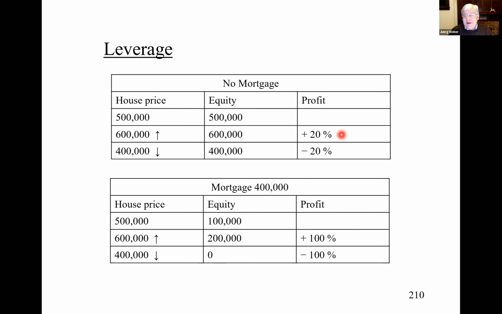But then if you have a financial crisis and asset prices fall, then even the very wealthy people may actually be in trouble. So that's another example for leverage that has really nothing to do with insurance.